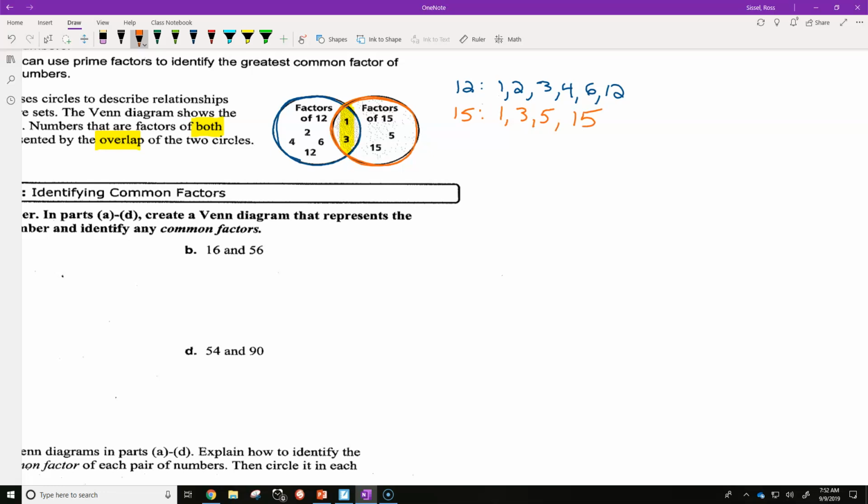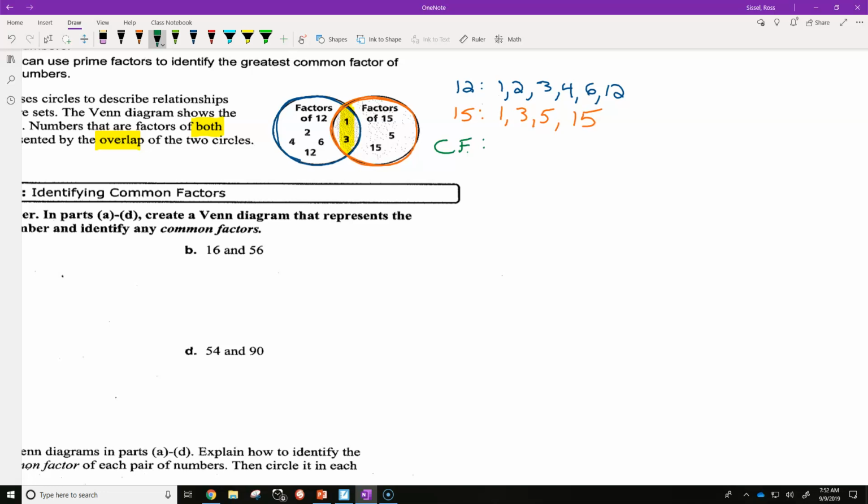Now the overlap was what we highlighted, and it says that are factors of both. That is a term that we are going to say, and I'm going to abbreviate with CF, which stands for common factors. Before we get too far ahead, we've been talking about factors.